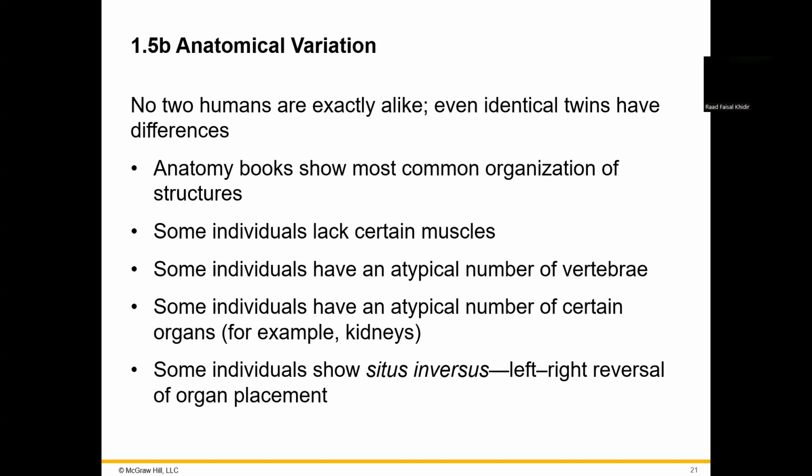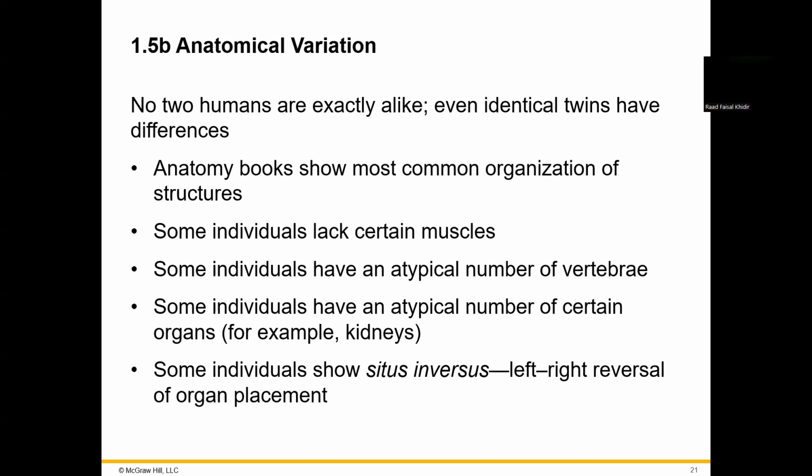So why do we need to study the variation, especially the surgeon? Because this here is a very interesting phenomenon. It's called situs inversus. Situs inversus means that the abdominal structures are switched. So usually, remember I was saying earlier, in the right hypochondriac region, you have the liver.